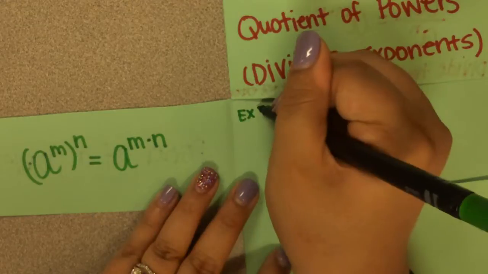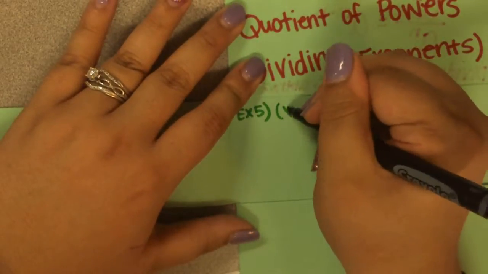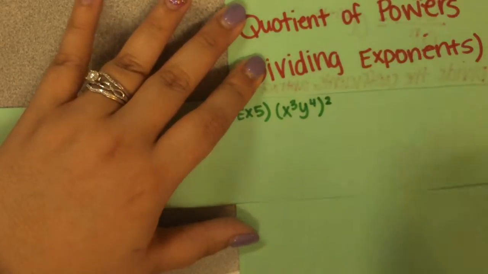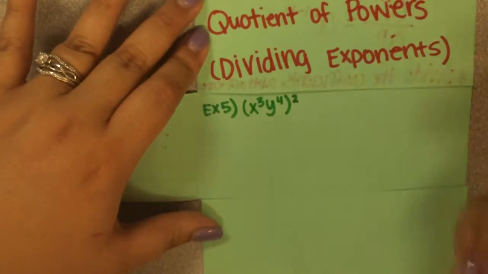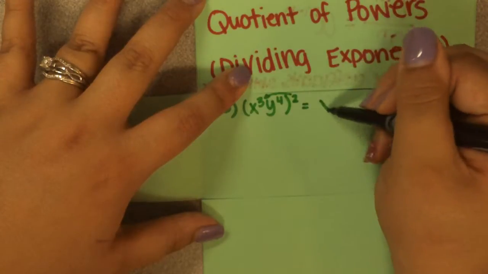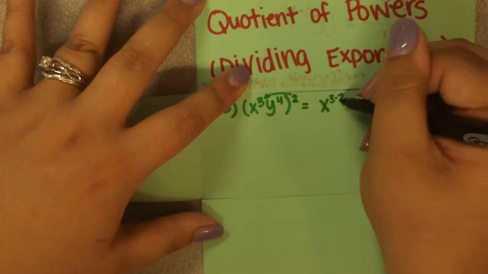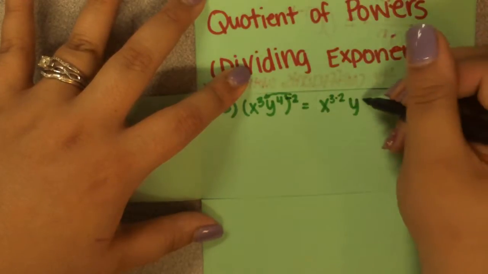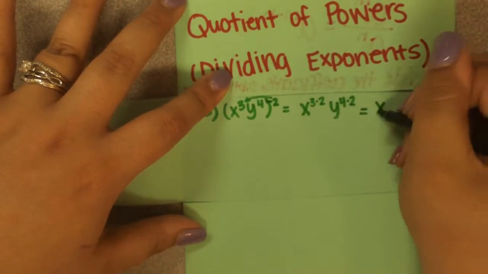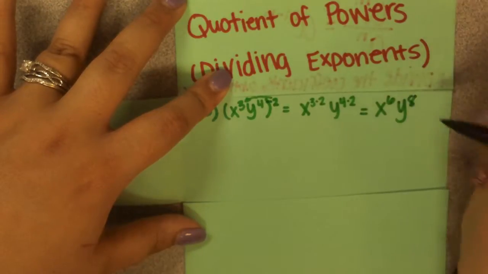So example 5. If I have x to the 3rd, y to the 4th, squared. Again, I could expand this out, but remember our power to a power, I can just multiply. That gives me x to the, what's 3 times 2, and y to the 4 times 2. Well, what's 3 times 2? X to the 6. And 4 times 2 is 8.